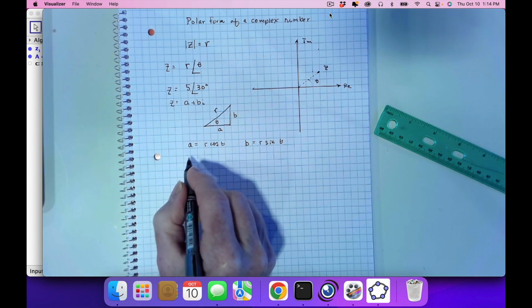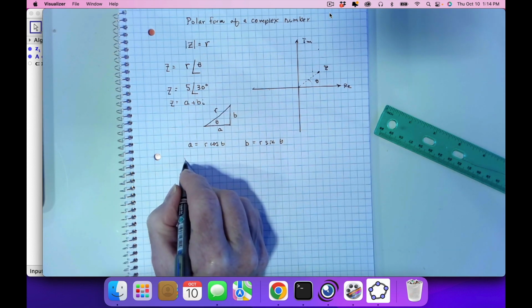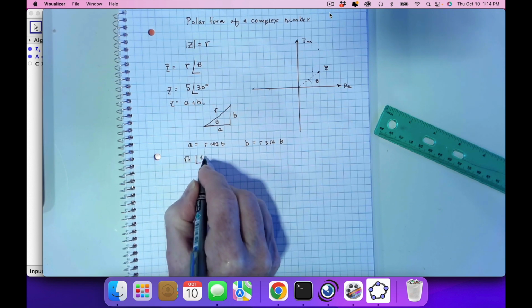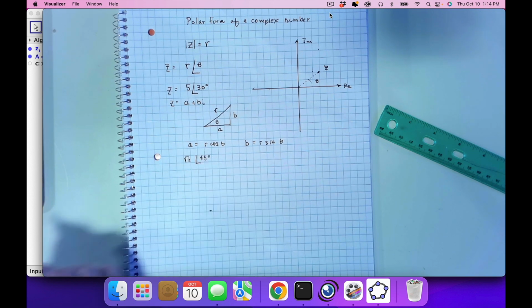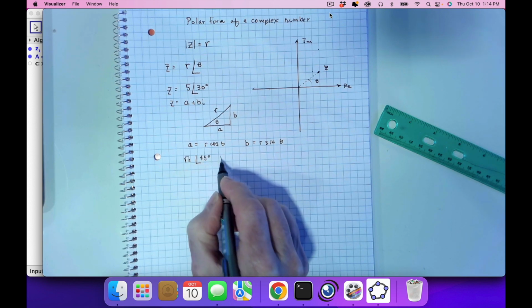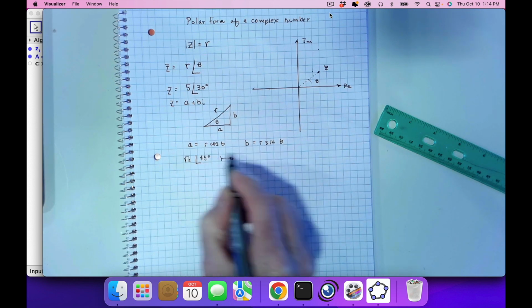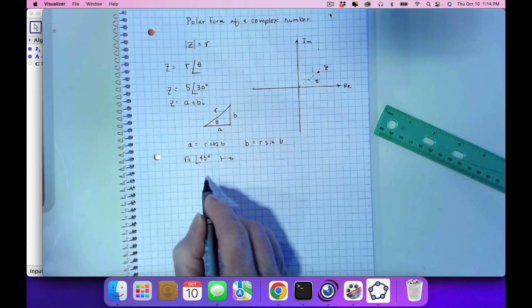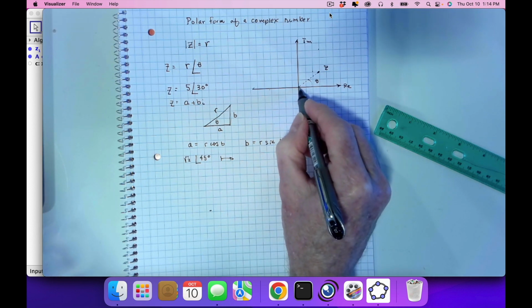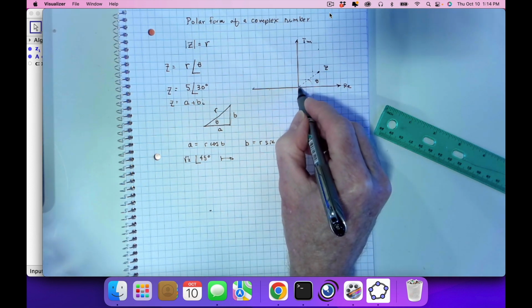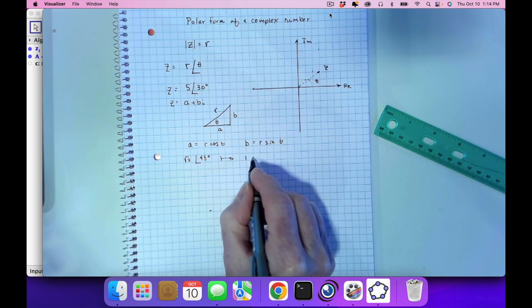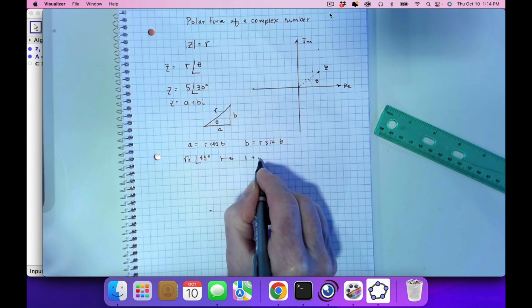So if I had this complex number, square root of 2 at 45 degrees, well, we could convert that to rectangular form without using any of this because we would recognize what this looks like. Because we know that if I go over 1 and up 1, this is going to be square root of 2. So this is going to be 1 plus i.